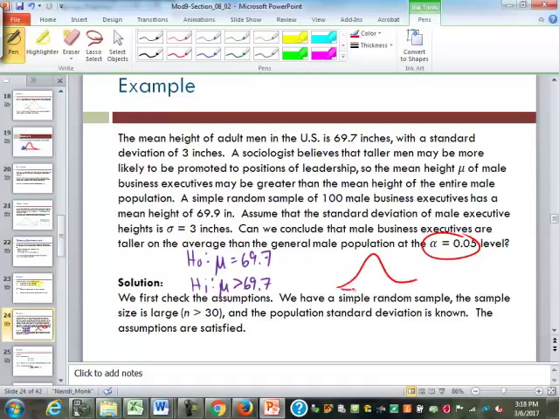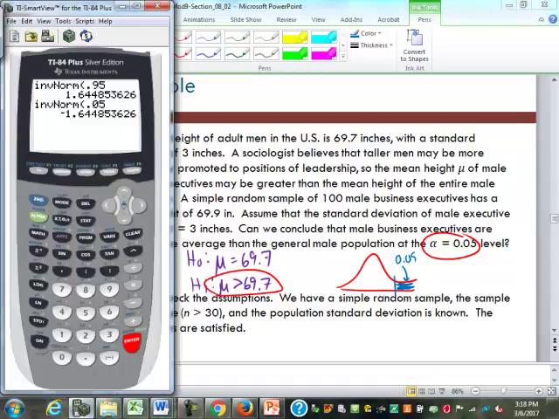Since the alternative is greater than, we would reject on the upper tail. Alpha is 0.05, so that's that probability. If the probability of getting something larger than 69.9 is less than 0.05, then we've hit the significance level, and we would reject. So let's just do a normal distribution here.